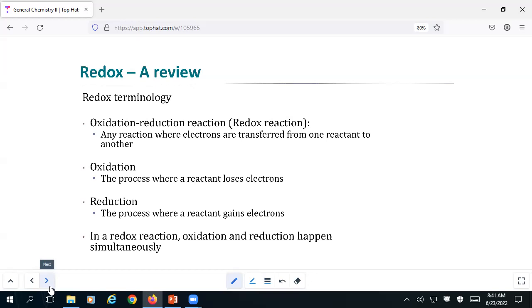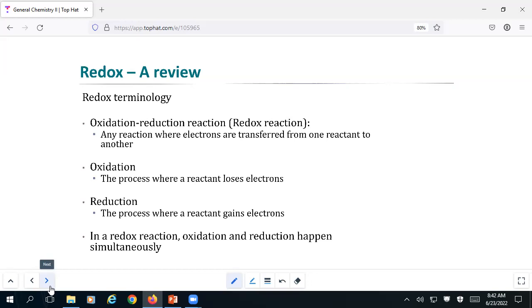Now, the reaction itself is governed by two separate yet inseparable processes. Oxidation, that is, something has to lose electrons, and reduction, something has to gain electrons.